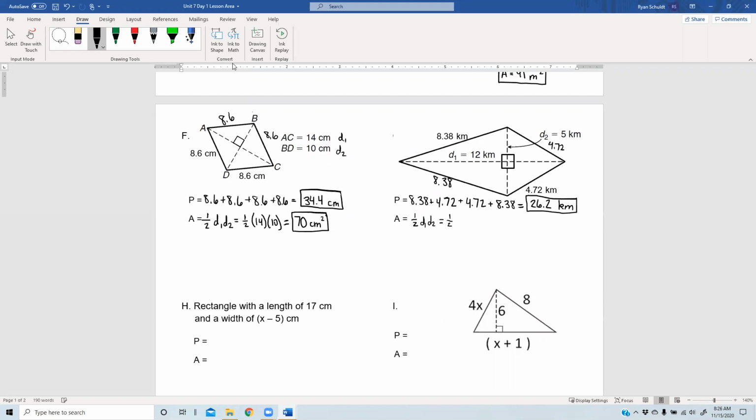So I'm going to say 1/2 of 12 times 5. That'll get me 30 kilometers squared.